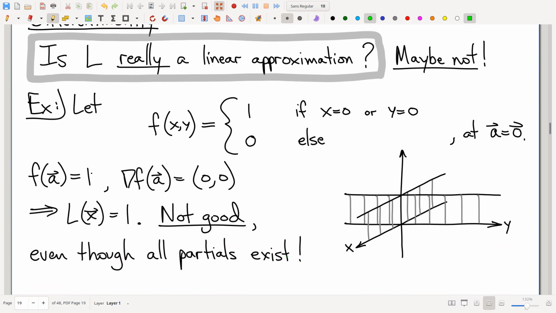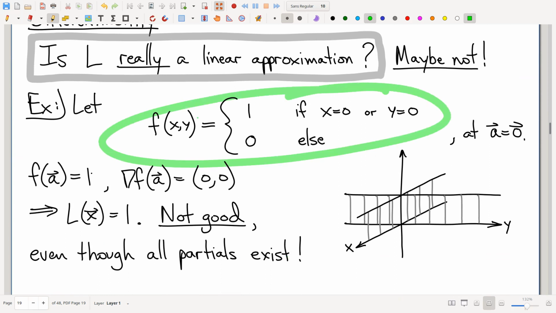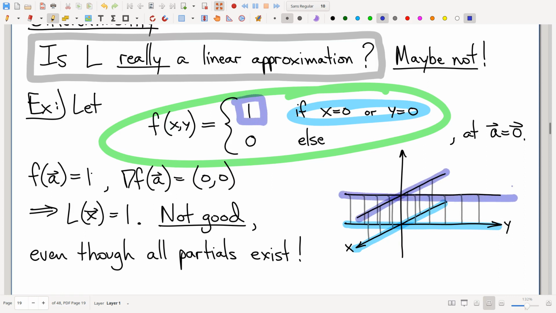I'm going to start off with this function right here, and it's a wacky function, but it's legal, perfectly legal. There's nothing wrong with this function. Perfectly fine as a function. For whenever either of your input variables is 0, the value of this function is 1. And everywhere else, the value of the function is 0.